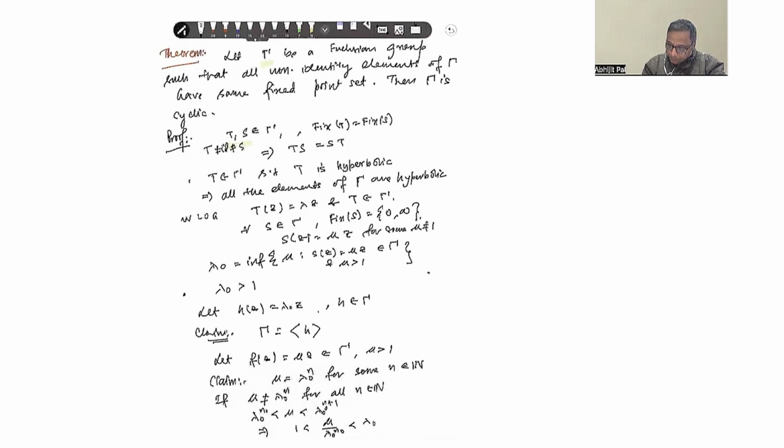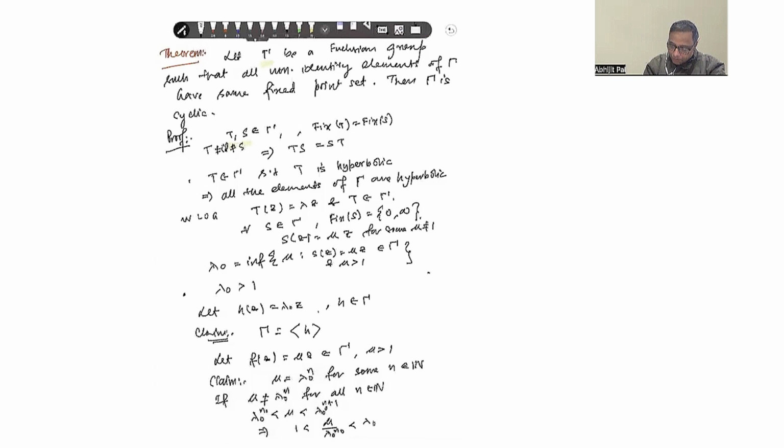Because we have assumed that if I take any other element, let us take S prime, the fixed point set of S prime is the same as the fixed point set of T. And T is hyperbolic, meaning the fixed point set of T is a 2-point set. So then the fixed point set of S prime will again be a 2-point set. That will imply that this S prime is hyperbolic. So all the elements of this gamma are again hyperbolic.